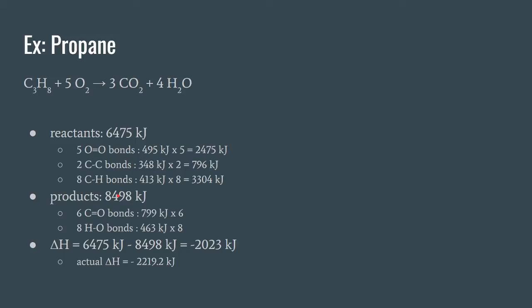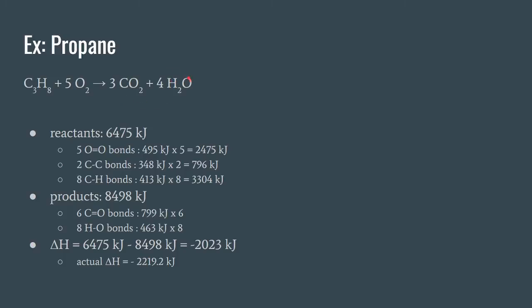Coming over to the products, we have 6 carbon-oxygen double bonds. Be careful about that. That is something that you will make a mistake with. I know because I made this mistake when I was making this slide. We have 3 carbon dioxide molecules. Each of those molecules has 2 carbon-oxygen double bonds. Remember, carbon bound to oxygen on one side, bound to oxygen on the other side. So 6 carbon-oxygen double bonds.